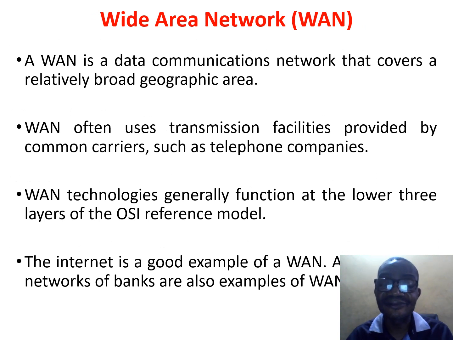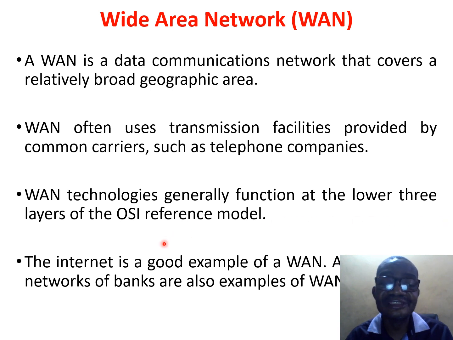Wide area network. This is the biggest of the networks. A wide area network is usually a computer network that covers a relatively broad geographical area. It often uses transmission facilities provided by telephone companies.